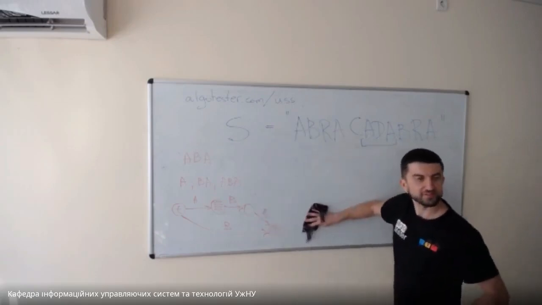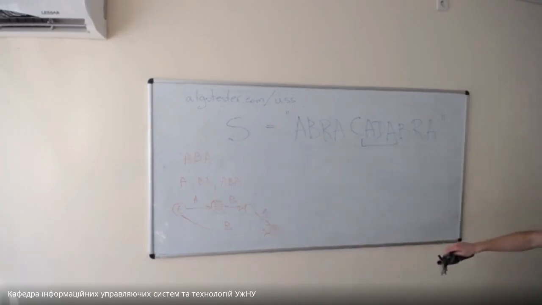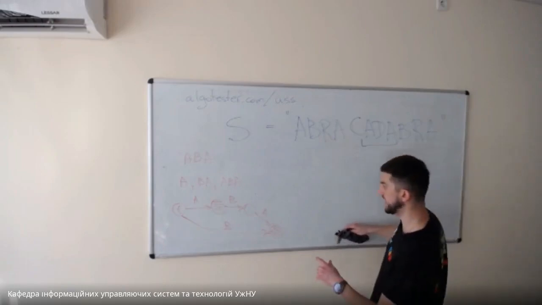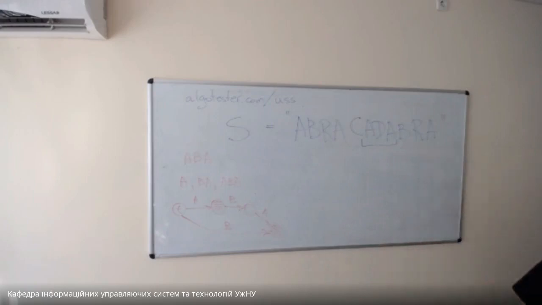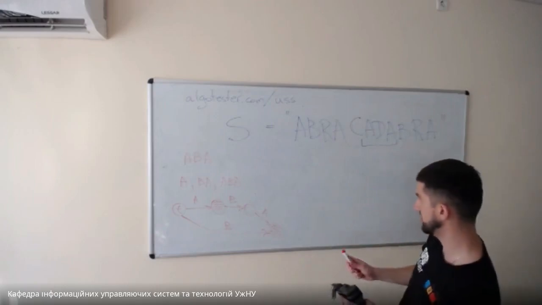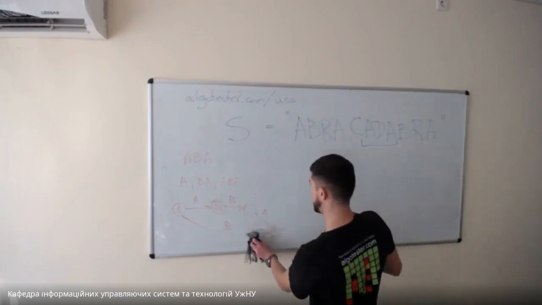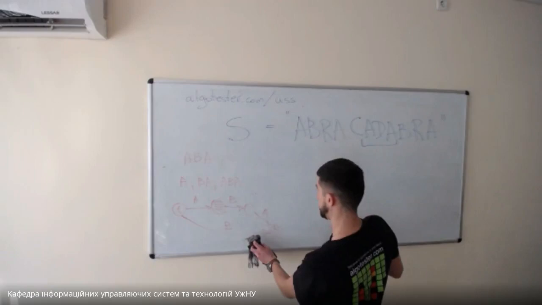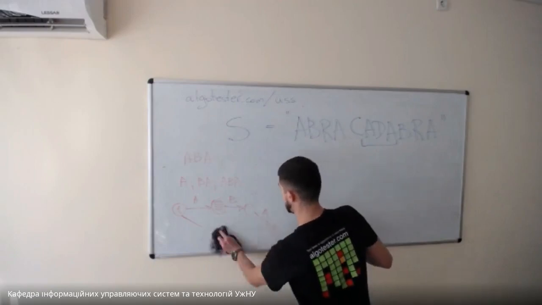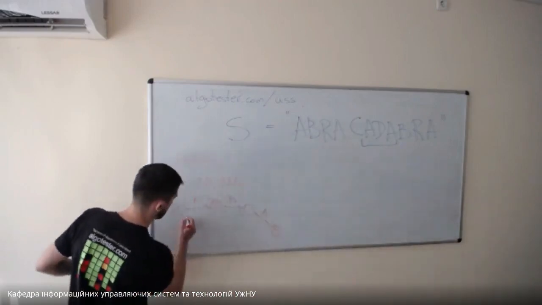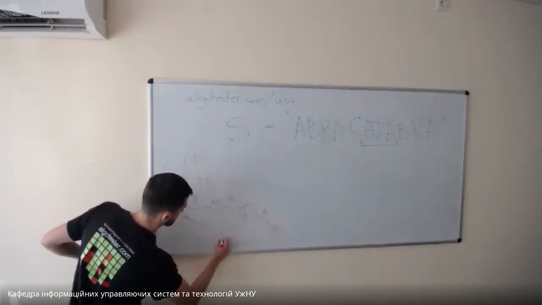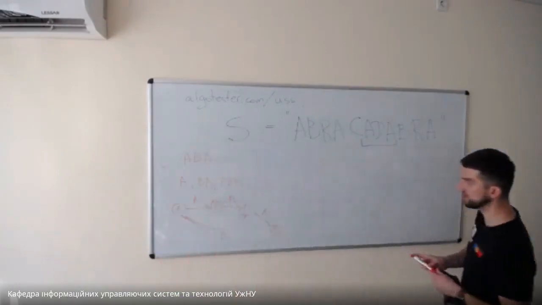How can we get the A in the right automaton? Which one? BA. BA? Yeah. Oh, in fact, we cannot. So BA, we must do it like this, right? Is it correct now?